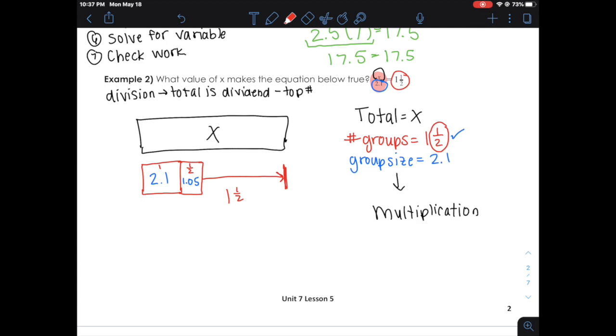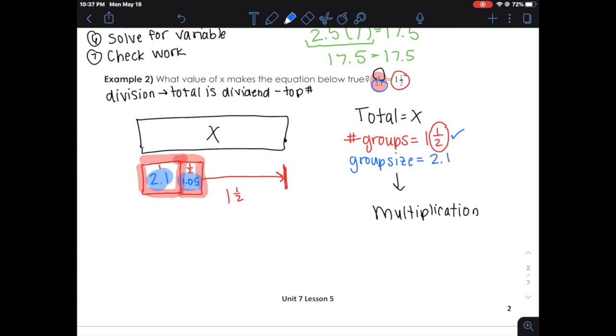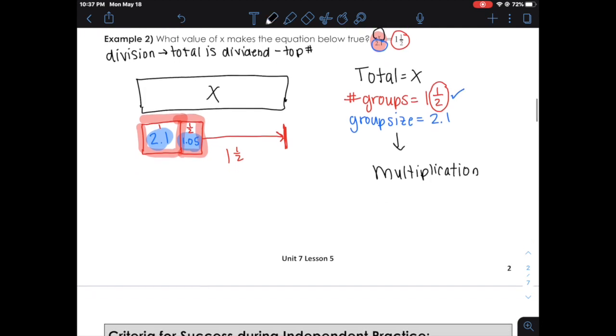We have the number of groups, which is 1.5, and we have the group size, which is 2.1, and then half of that is 1.05. So we're going to use that information with multiplication to help us solve for x.